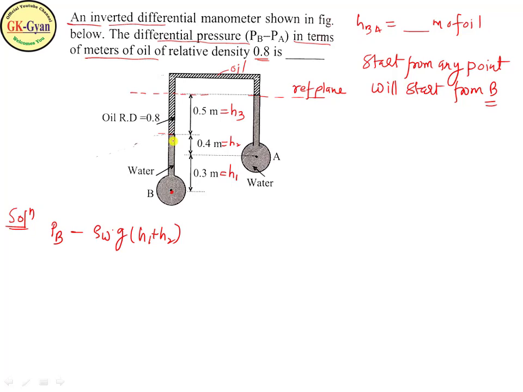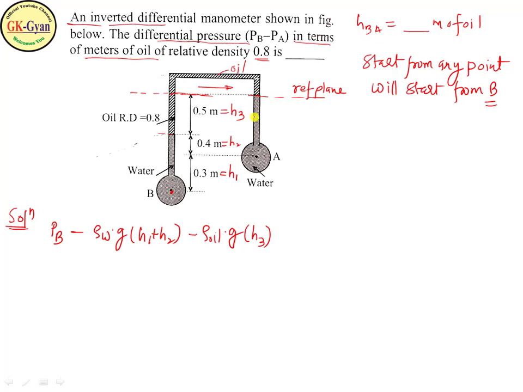Now you are at this point. Moving upward again, it will be minus rho of oil into G into H3. Now from this point you are moving horizontally because the same fluid is present, so there will be no change in pressure. So directly move to this point.